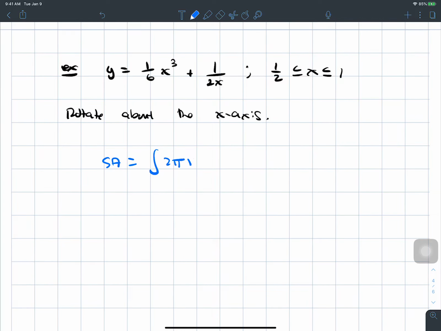And sure enough, what do we notice? They give us what y actually is. So our radius is going to be now 1/6 x cubed plus 1/2x. So our radius is y. We're going to plug that in right here. Okay, you're going to replace this with a y value, and y is given.